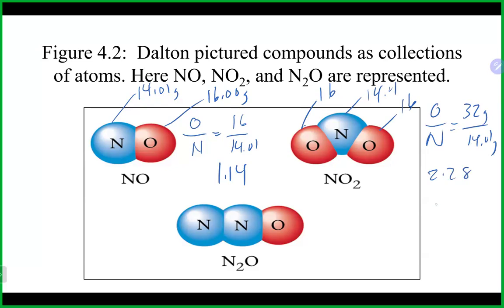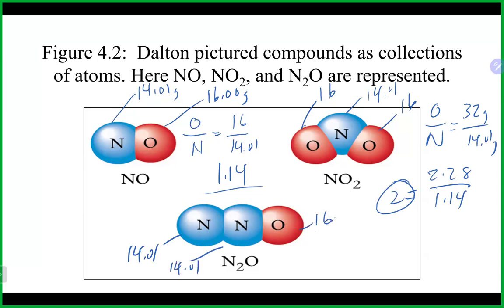If I take 2.28, which is this oxygen to nitrogen ratio, and this ratio, and divide them, that gives us the whole number of 2, or multiple of 2. You can even do it for the one on the bottom. That is 14.01 for that nitrogen, 14.01 for that nitrogen, and 16 for that oxygen.